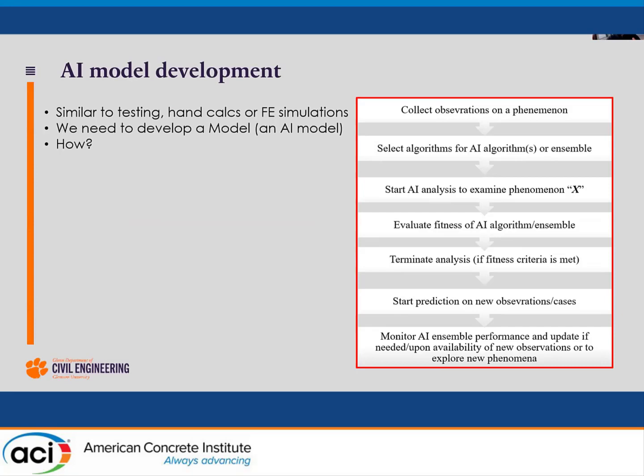And as you saw from my colleagues, you have to collect a lot of data, because the goal in AI is to train it how to analyze a phenomenon. So in order for it to understand the phenomenon, you have to show it a number of examples, and from there it becomes a little bit easier for it to see, okay, this is how a beam deflects, this is how a column crushes, and from there the problem becomes easier.